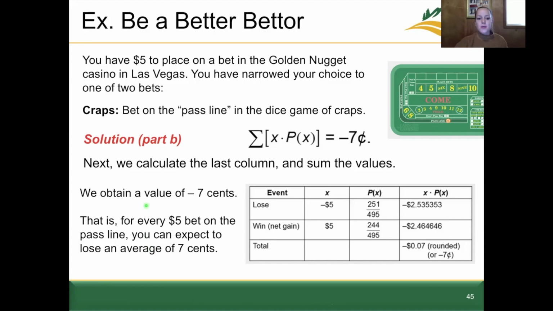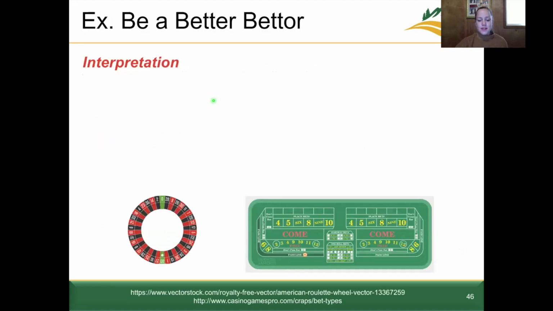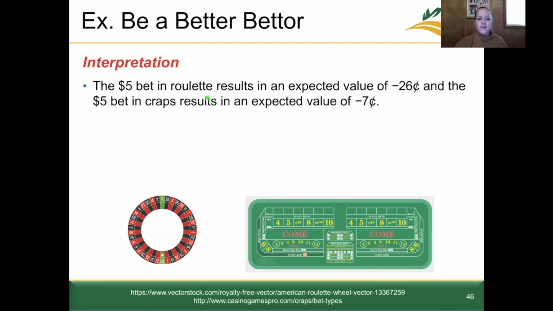based on the two ways we could bet in either one of these games. Let's talk about the interpretation here and answer our question. For the $5 bet in roulette, this results in an expected value of negative 26 cents. The $5 bet in craps, however, has an expected value of minus 7 cents.